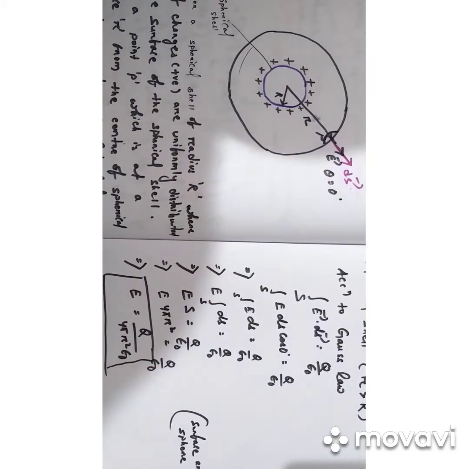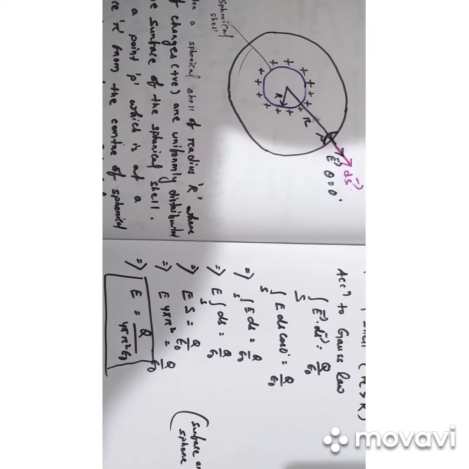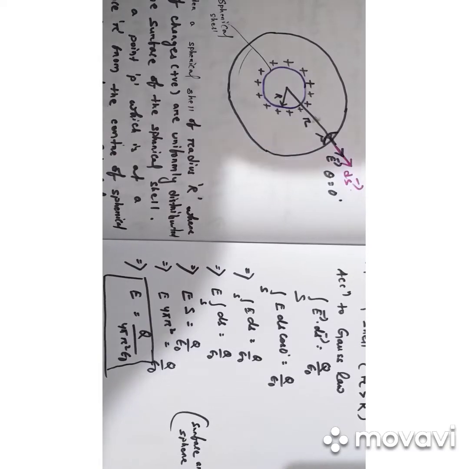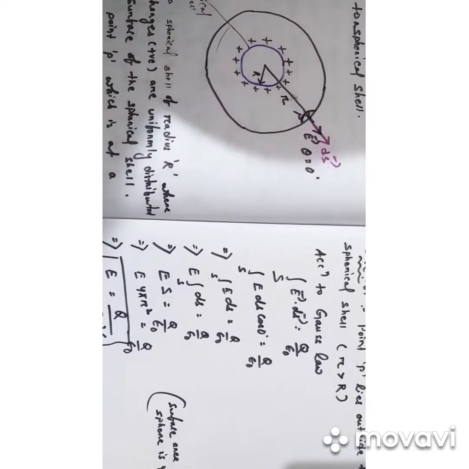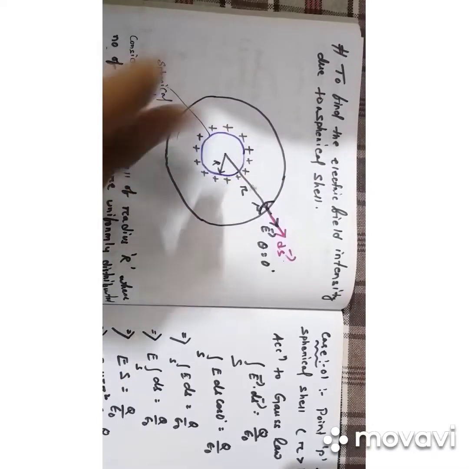Okay, now second case is case 2. Point P lies on the surface of the spherical shell.